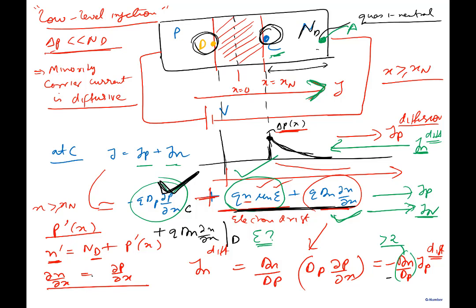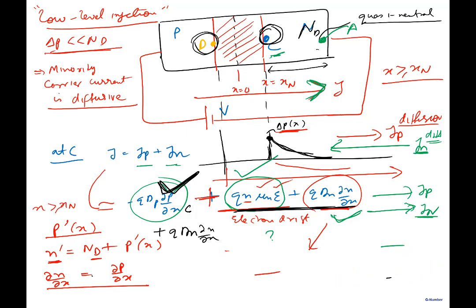Now what is the advantage? I don't have to compute the electric field. I'm only talking about diffusion current. So what one is able to write by these arguments, let me write it down here again, is that J is equal to Jp at Xn plus Jn at Xp.